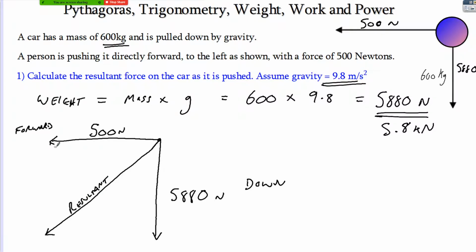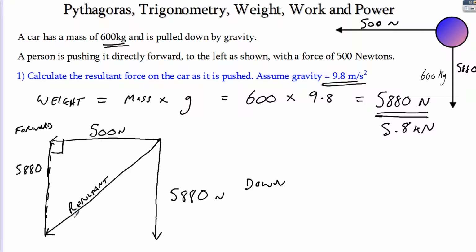force. Think of it as a right angle triangle. This height here, the dashed line, is the same height as this line. So this is also 5880. So we've got one side of a right angle triangle. There's a right angle triangle there because that's directly forward. This is directly down. We've got a smaller side and a smaller side, and we've got a hypotenuse.